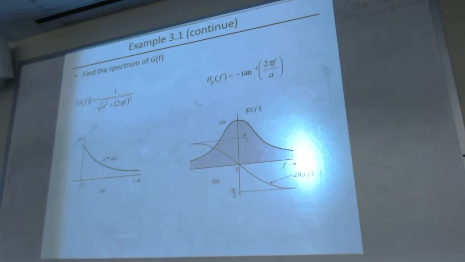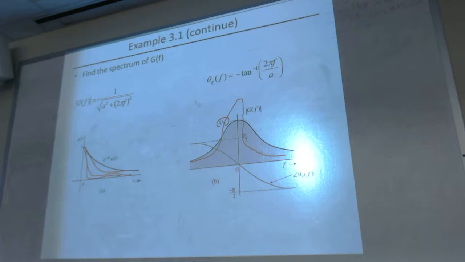Did anybody get a chance to plot this in MATLAB? If you have the time, just plot it and vary different values of a. Changing a means that you're changing the rate of drop of the signal in the time domain. And see what happens in the Fourier domain.